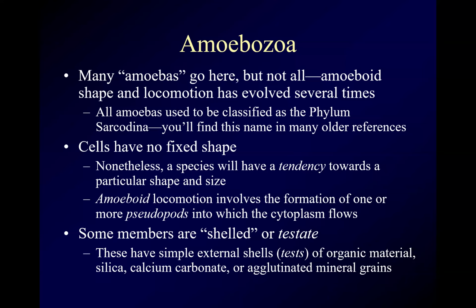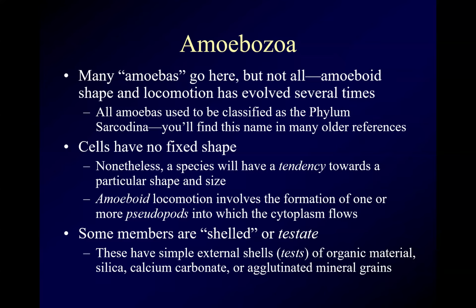Incidentally, we've seen the word test before in the context of foraminifera, which are way off in a group called the Rhizaria. Some members of the Amoebozoa also have shells or tests, and in this case, they tend to be a lot simpler than the more complicated multi-chambered tests of forams.